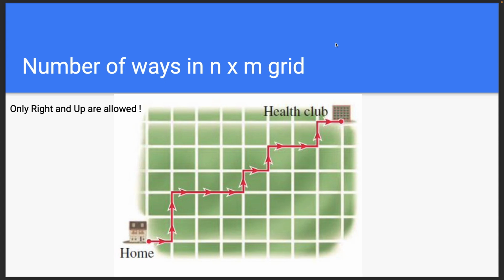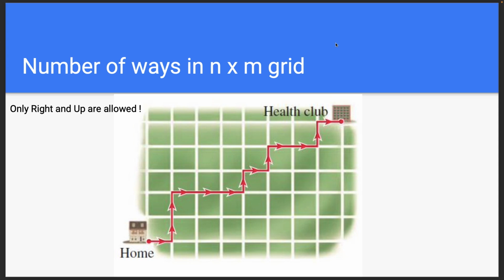Yeah, I'm trying to visualize the problem in this way, but I struggle to find a form. So I'm thinking, for example, the first instruction can be just up or right.